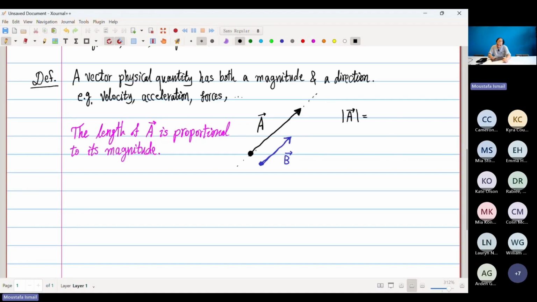So this is the magnitude or length of the vector. And same thing here. This is the magnitude of B. Okay, good.